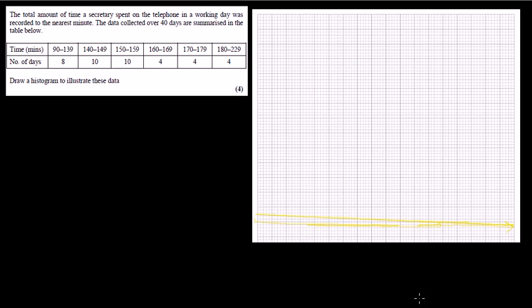Let me change the color to see better. So since we're going to start from 90, we can start from 90 right away if we give a broken line here like this. So this represents that there has been a break in the data, and from 0 we can right away start from 90.